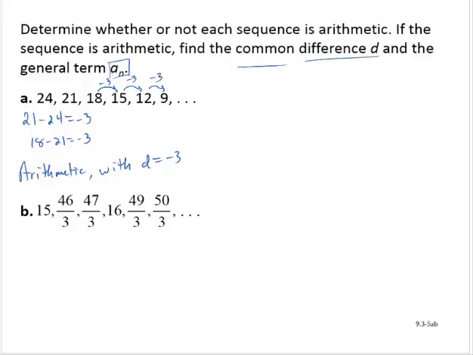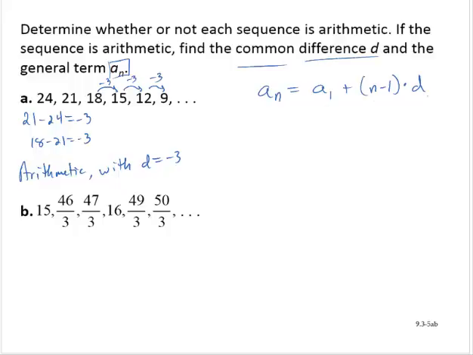For an arithmetic sequence, the general term a sub n is equal to a sub 1 plus n minus 1 times d. So what does this say? The general term in the sequence is equal to the first term of the sequence plus n minus 1 times the common difference.